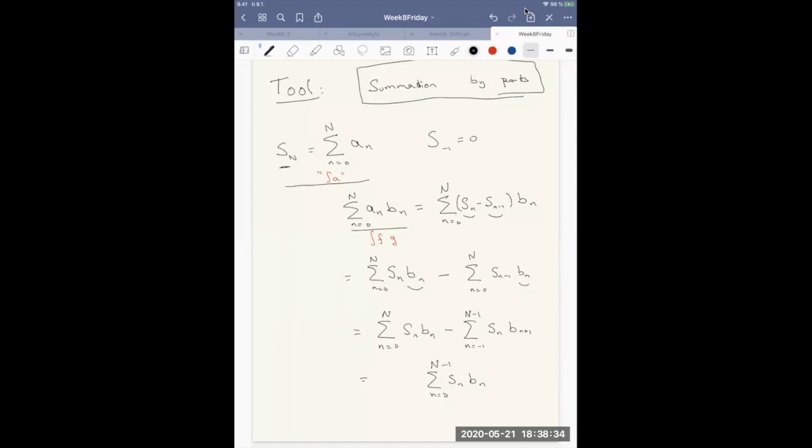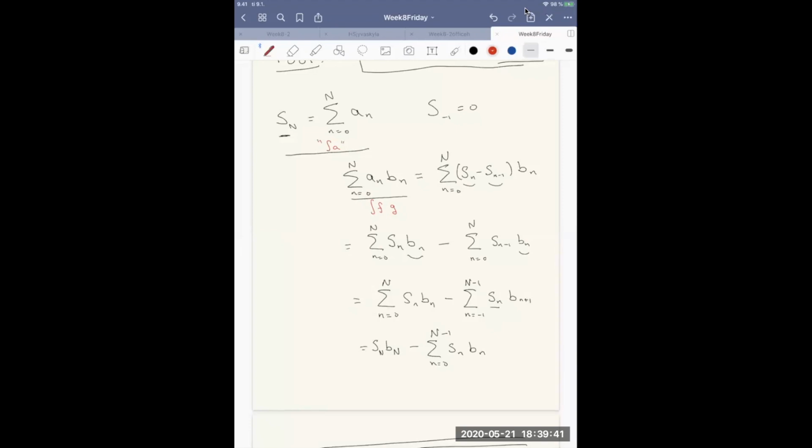And then we have an extra term here, S_{-1}, but we had set that equal to 0. And additionally, we have the capital N term here that is not contained in the second sum. So we have S_N b_N.